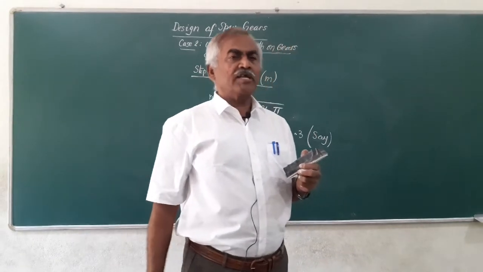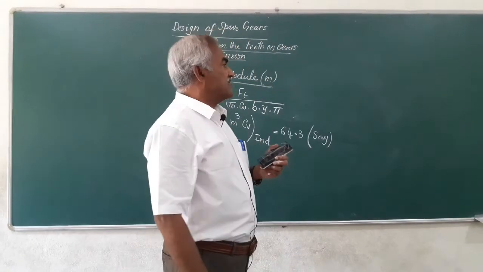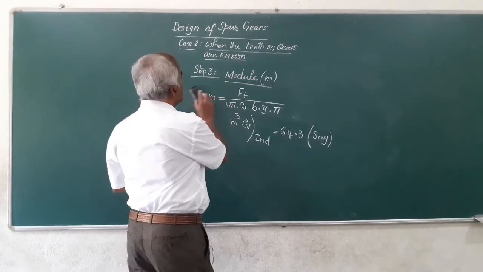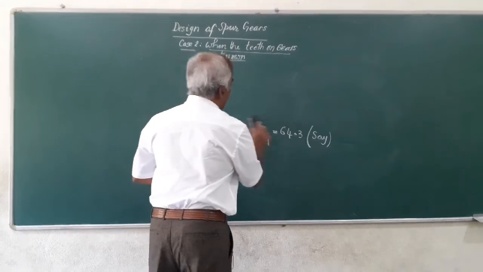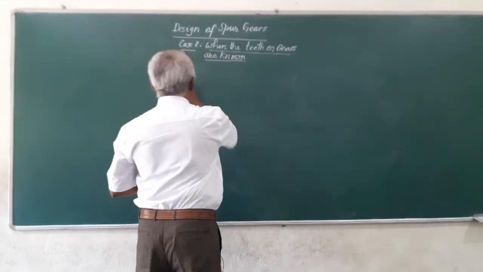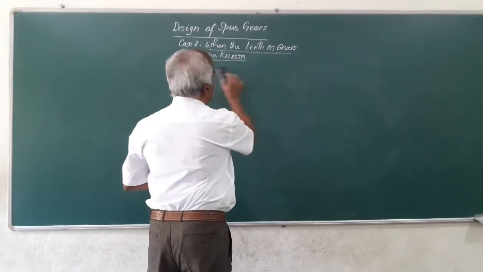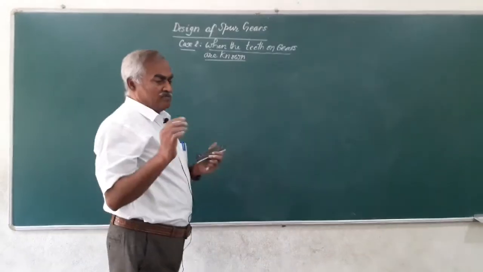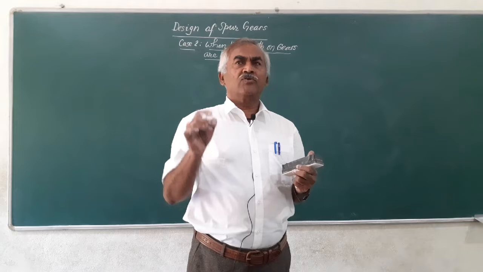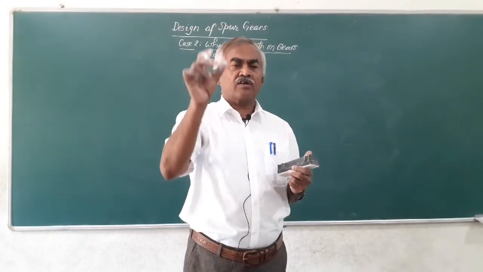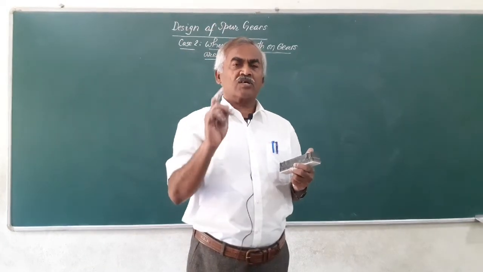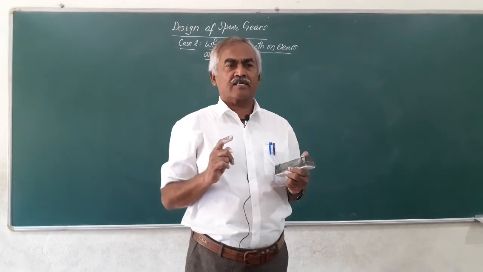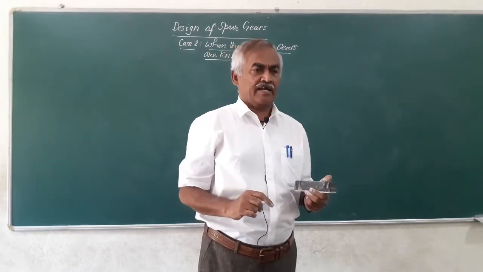So now I am going to try with standard values of module that is available in the machine design data handbook and check for what value this equation is satisfied. In all the machine design data handbooks, you will have a set of standard values of modules starting from 0.05 till 100 millimeter.